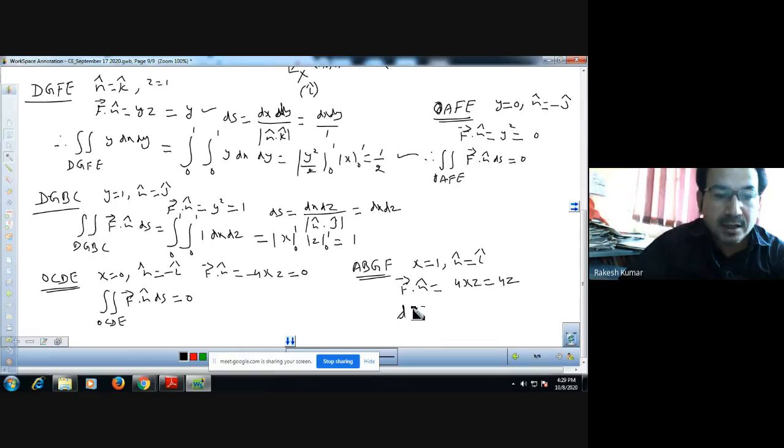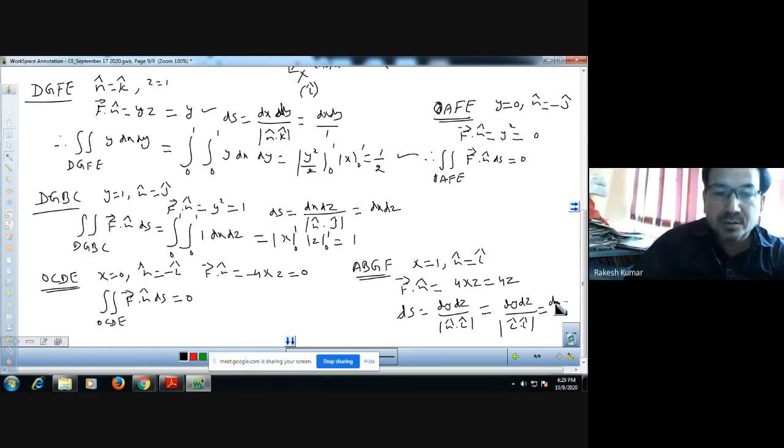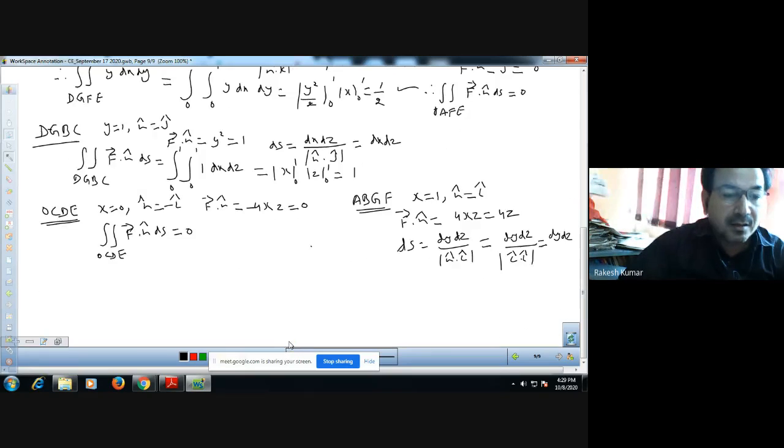So ds will be dy dz over the dot product of n cap with I cap. So dy dz, and what is n cap? I cap. So I dot I comes out to be 1, and its absolute value will also be 1. So you can evaluate the double integral now.